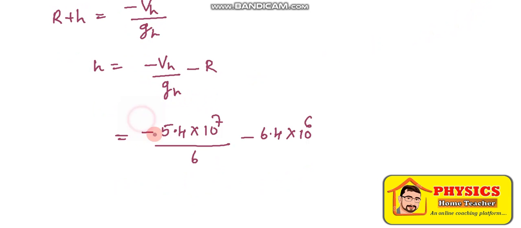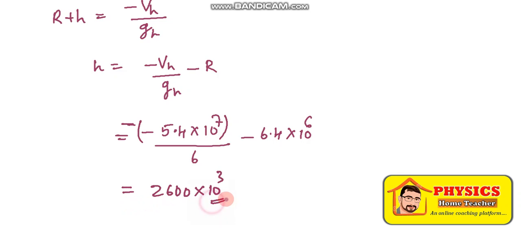Here actually it is minus of minus, because we have considered Vh equal to minus 5.4, so here already one minus sign is there. So if you simplify this, you will get around 2600 into 10 power 3.